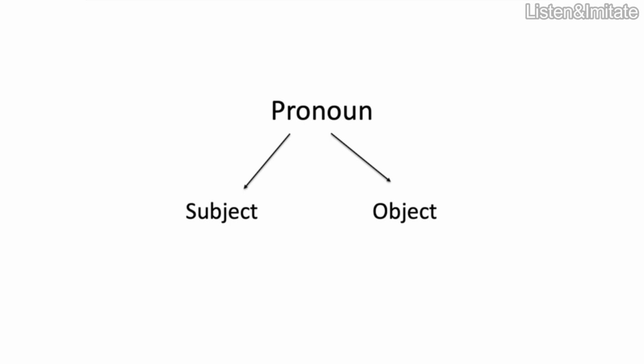There are two types of personal pronouns, subject and object. The subject of a phrase is the person or thing doing the main action, whereas the object is having something done to it. For example, my sister loves books.